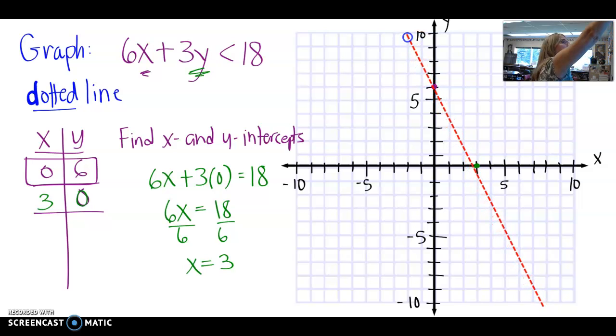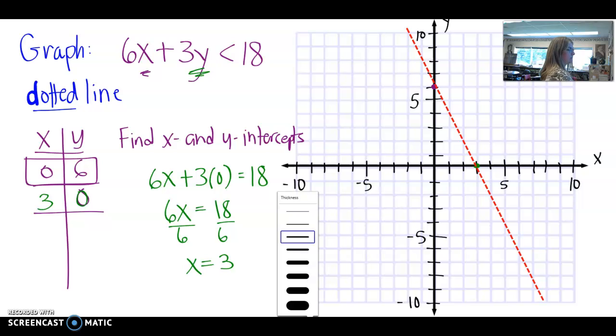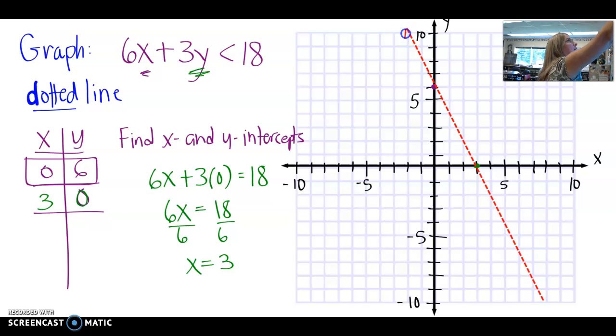And it's a line, so it should have arrows on either end. And when you use your program for XYZ, it should automatically come up with these arrows. But you're going to have to choose dotted. And then if you just run a line through those 2 points, that should be good.